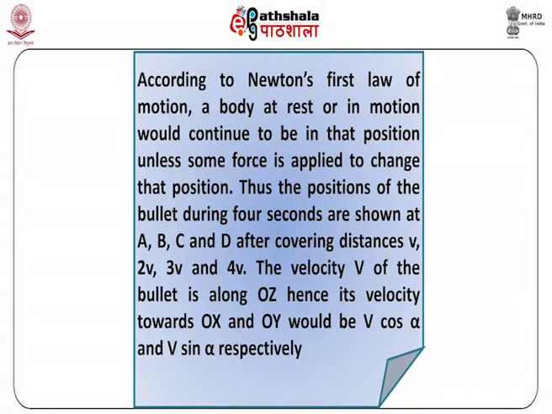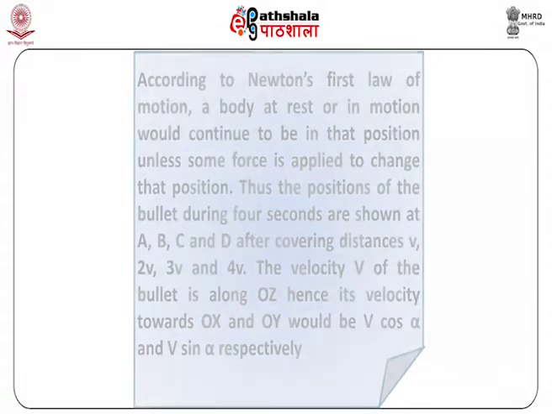The velocity v of the bullet is along OZ, hence its velocity towards OX and OY would be v cos alpha and v sin alpha respectively.